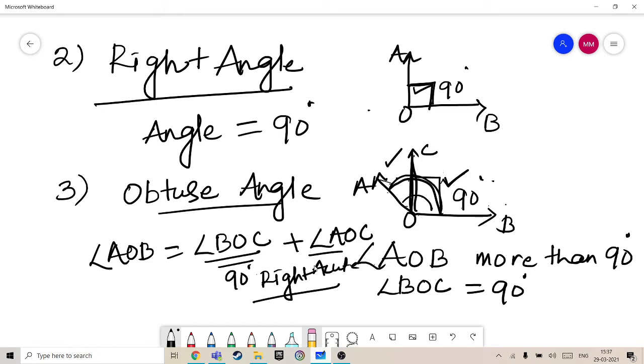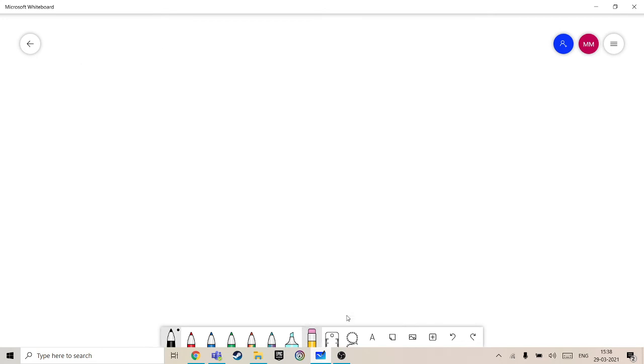If the angle is less than 90 degree then that angle is called acute angle, and if the angle is equal to 90 degree then that angle is called right angle, and if the angle is more than 90 degree then that angle is called obtuse angle. If the angle is 90 degree then that is right angle.